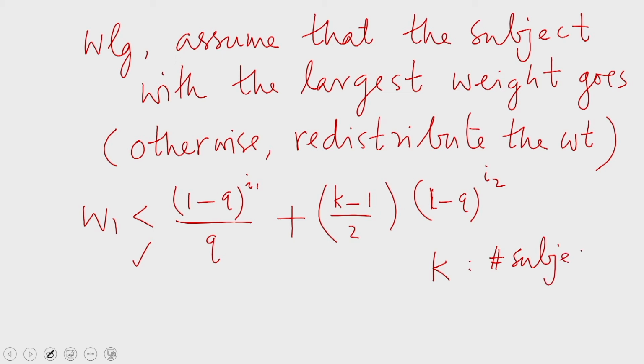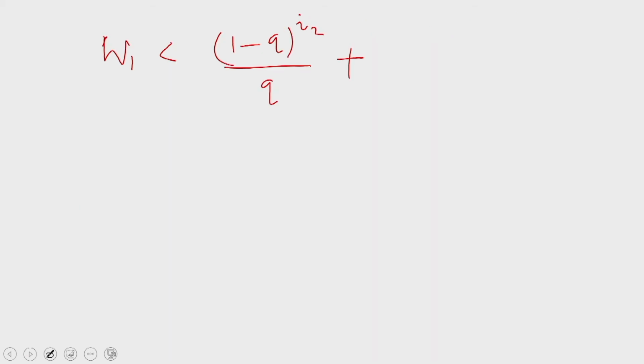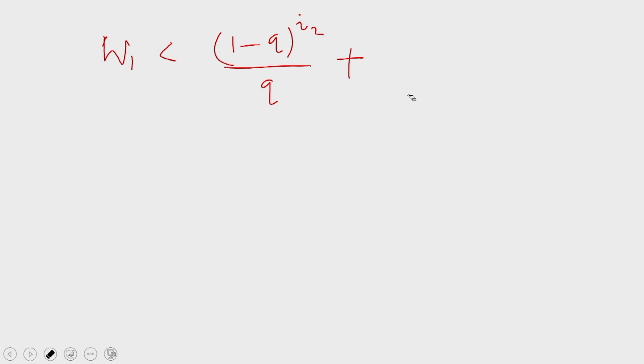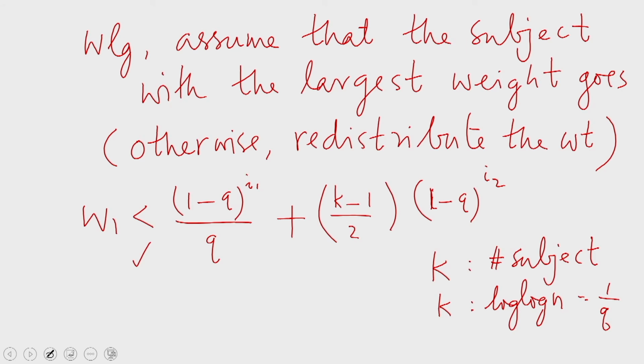then observe that k here is the number of subjects that the ruler has, and that k is at most double log n, which is 1 by q. I can simplify this term to 1 by 2q times (1 minus q power I2). (k minus 1) by 2 is less than k by 2.